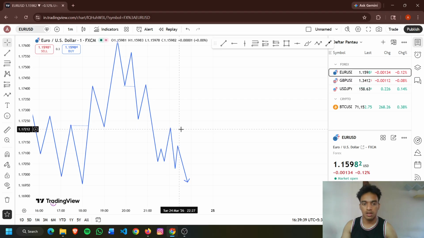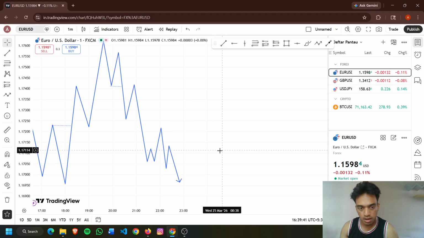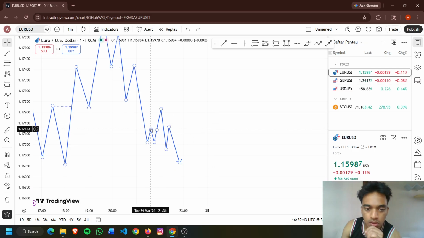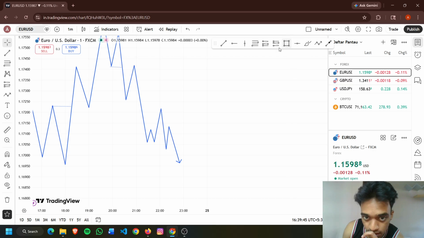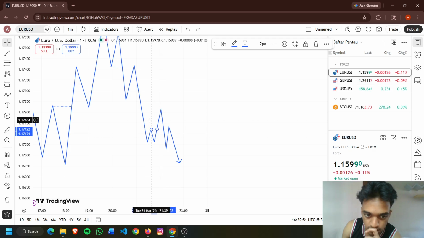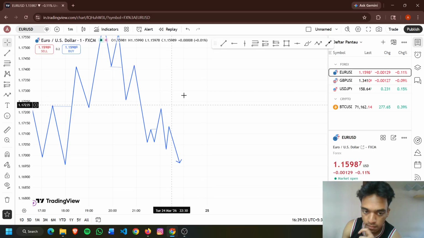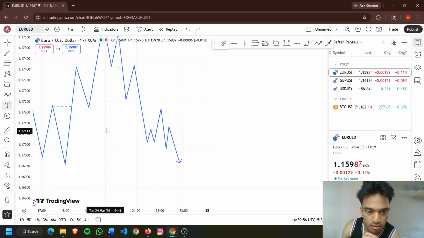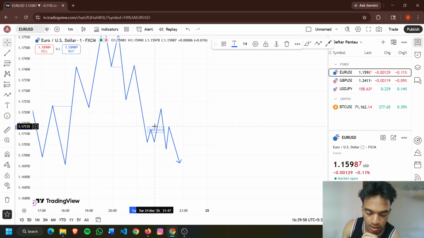This became the lower high. And if you thought this is actually a small change of character which happened over here, it just broke. This is a lower high, right? This one is a small lower high. If you check it properly, this is a small lower high.